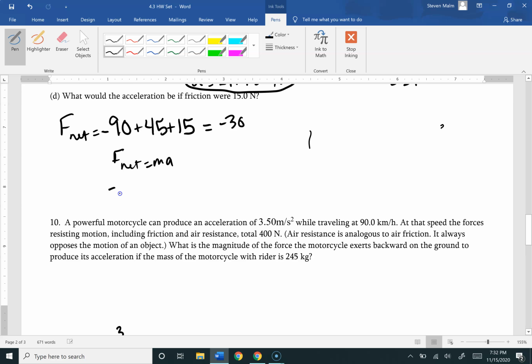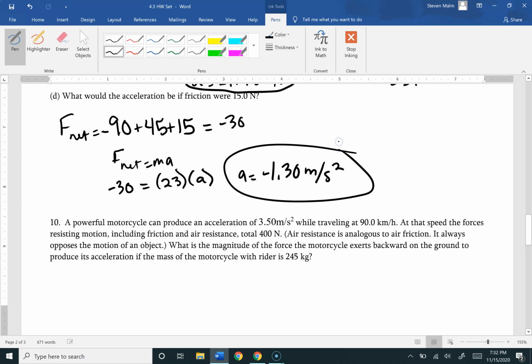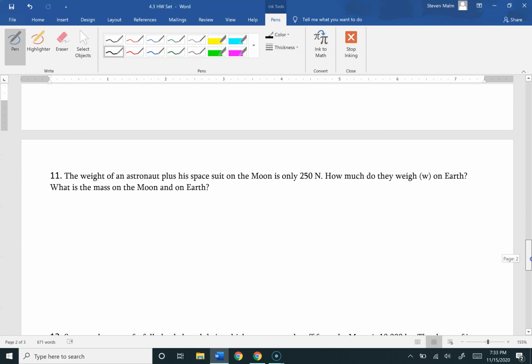So negative 30 equals the 23 kilograms still, because it doesn't say the system changes its mass or anything. And this time the acceleration gets smaller. You get that. Okay. All right.